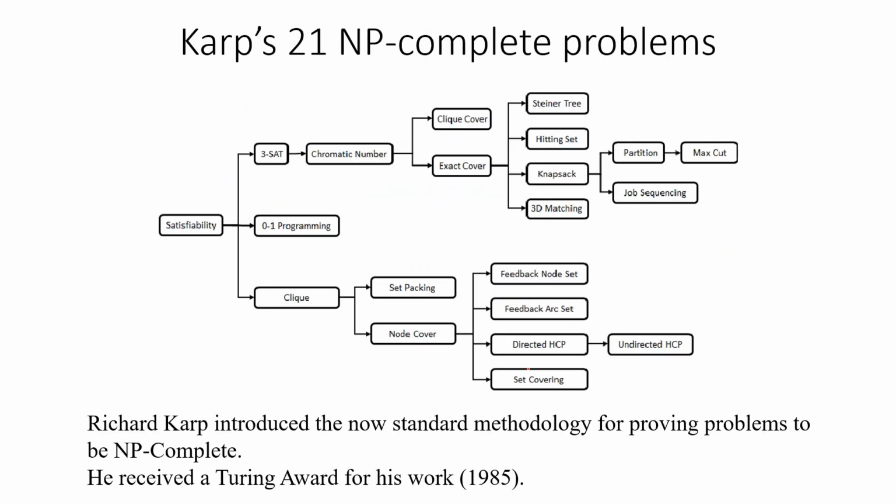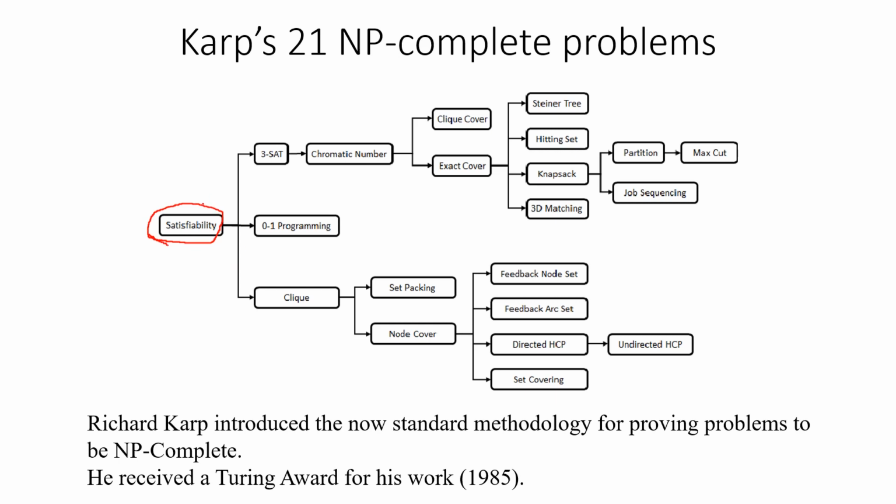So at the end of the 1970s and beginning of the 1980s, Richard Karp, a well-known computer scientist, built a diagram where he showed that there is a way to reduce from one problem to another. It all starts with the satisfiability problem, which Cook showed is NP-hard.